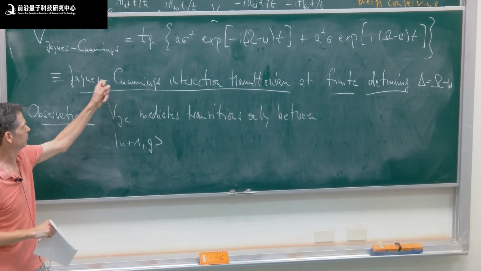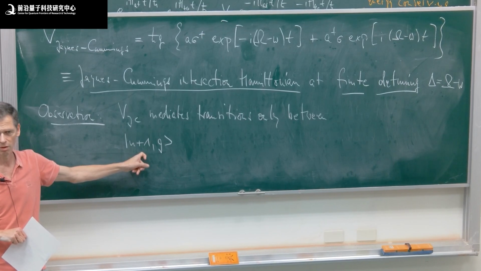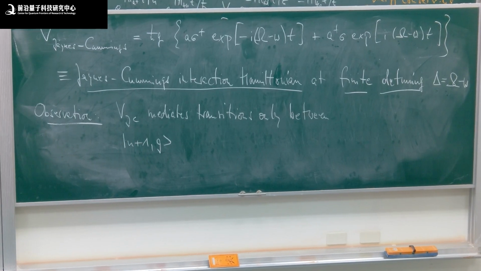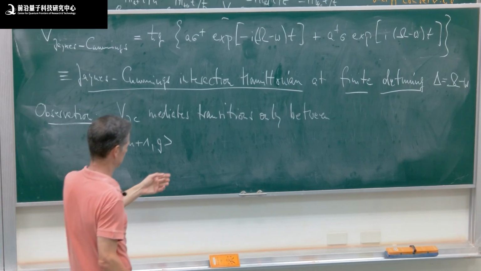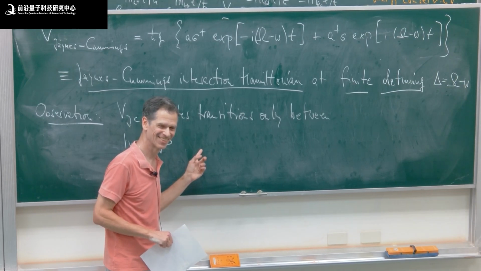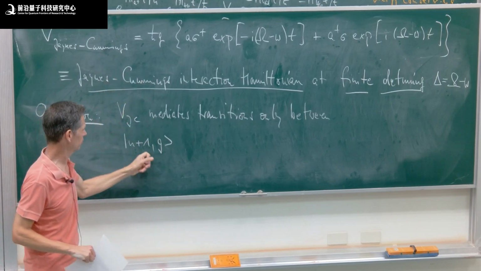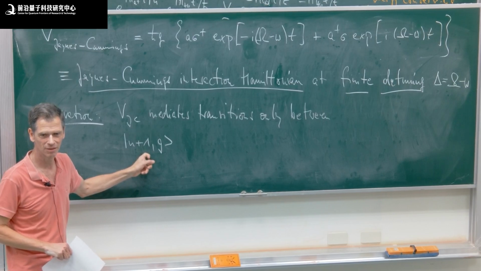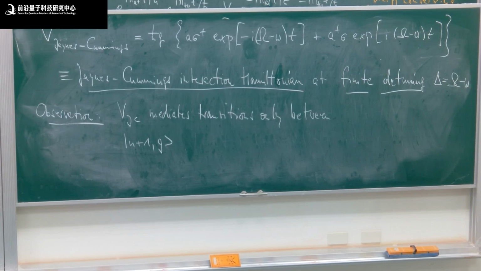And so this is coupled now by this Hamiltonian to which state? If you apply this Hamiltonian to this state, what do you get? n, g plus 1. And g plus 1 is what? e. e, okay.